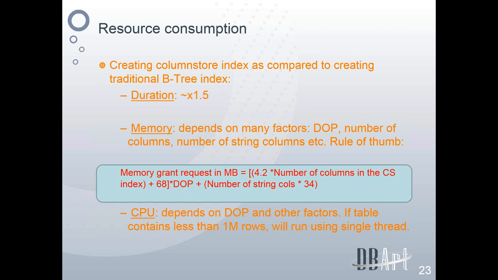My laptop has 8 cores and 24 gigabytes of memory. I guess with a much stronger server, creation of the index could take less than the hours it took on my machine. Although all the numbers on this slide are approximate, and they can vary depending on degree of parallelism, number of columns, number of string columns, and other factors.